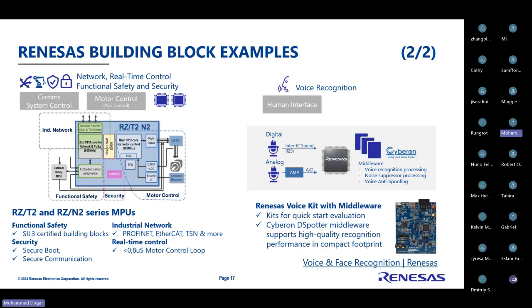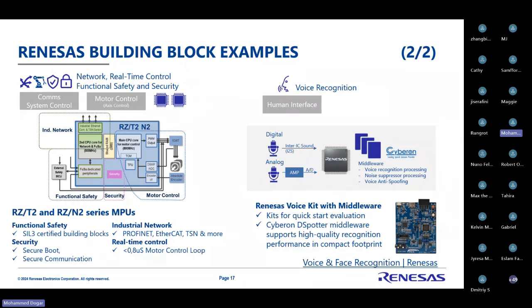If you look at the RZ/T and N, you have motor control peripherals with very capable PWM output. For example, we have a whole dedicated security engine. We have dedicated functional safety peripherals on board that can, in a safe manner, interface to an external safety MCU in this area. Also, we have the encoder interface, providing a complete motor control solution, and finally the industrial network support.